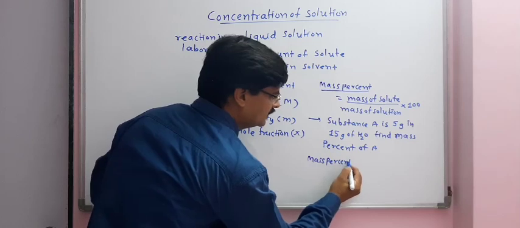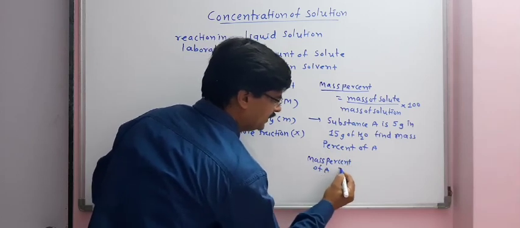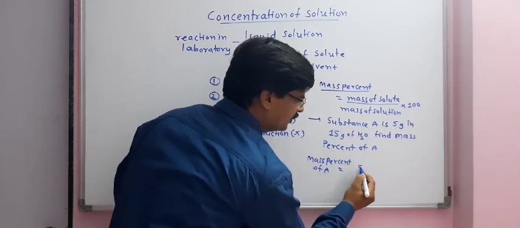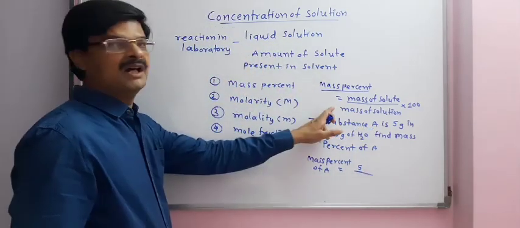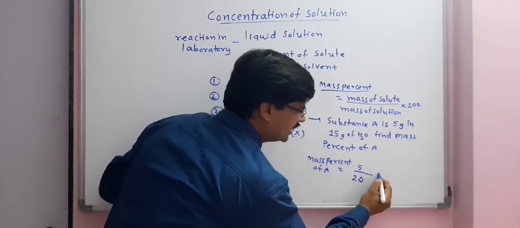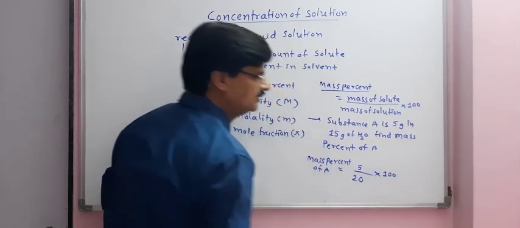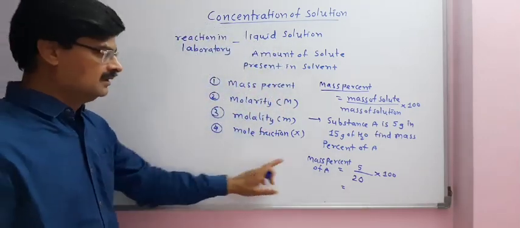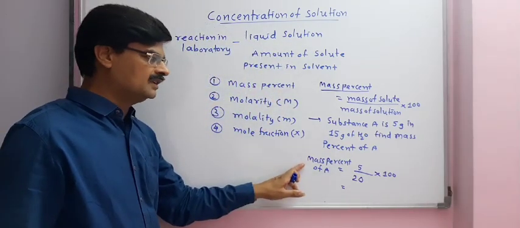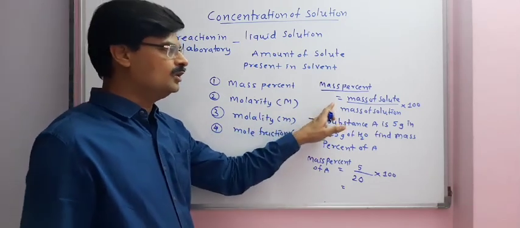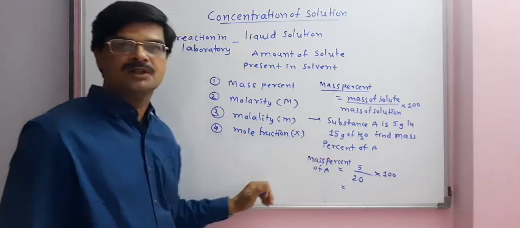Mass percent of A is equal to mass of solute, here it is 5 gram, divided by mass of solution, 5 gram plus 15 gram, 20 gram, into 100. So on cancellation, we will get our answer. So we can find out mass percent in solution by utilizing this formula: mass of solute divided by mass of solution into 100.